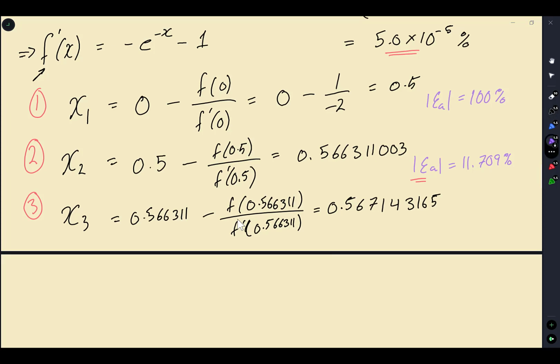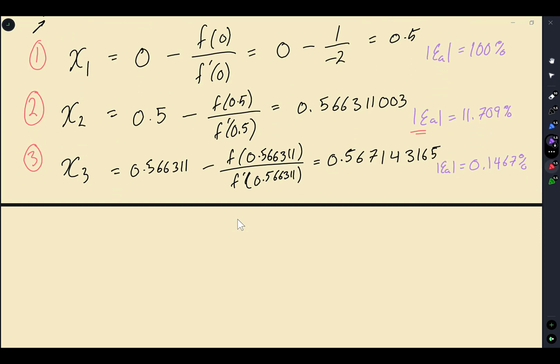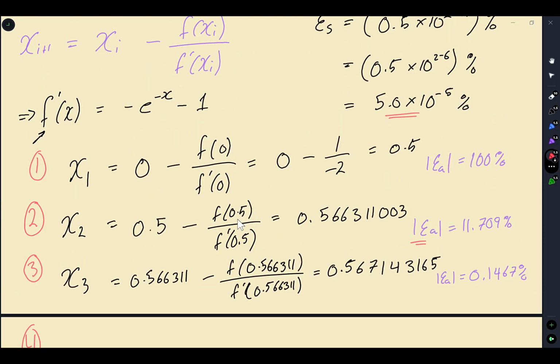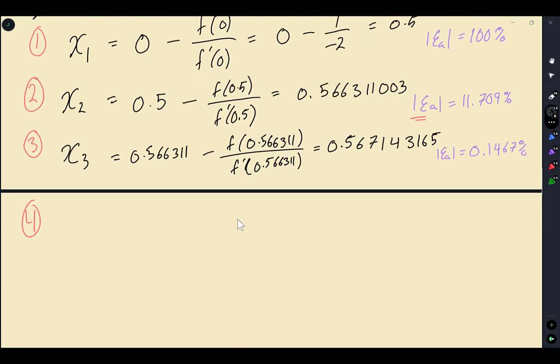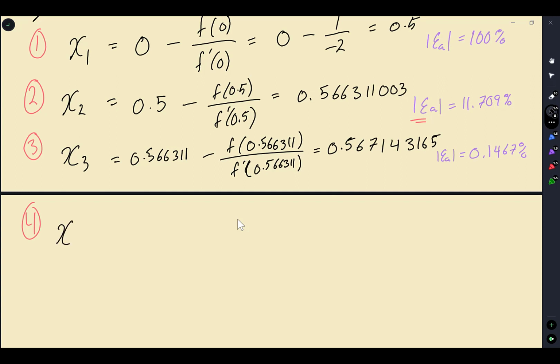And here, the percent relative error is now down to 0.1467%. So we are obviously converging and getting closer to that goal of 5 times 10 to the negative 5 %, with 6 significant figures that are basically exact.